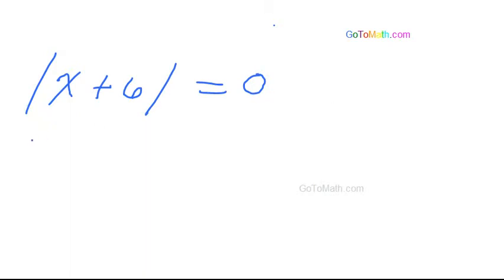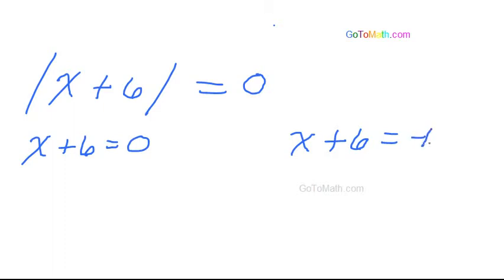We're going to write x plus 6 is equal to 0, and then we're going to write x plus 6 is equal to, and we make this a negative, or multiply it by negative 1. Negative 1 times 0. But negative 1 times 0 is just 0. So why don't we just write 0 there? But I need to at least show you that. Well, we end up with the same thing here.